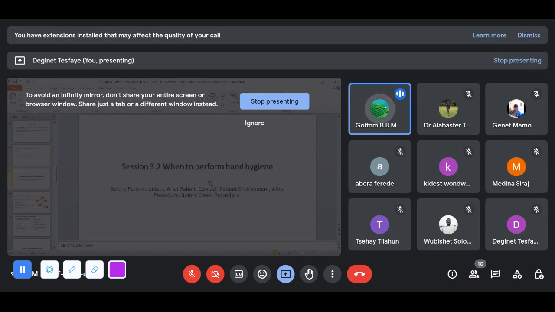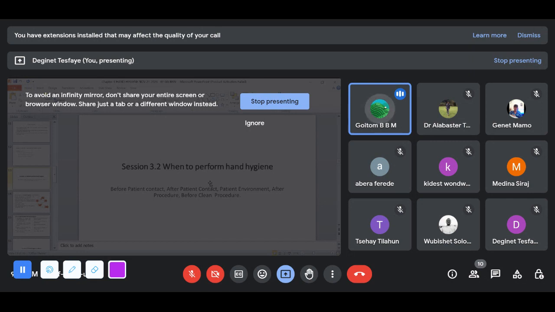The 5 moments when we should do hand hygiene are before patient contact, after patient contact, after touching the patient environment, after a procedure, and before a clean procedure.